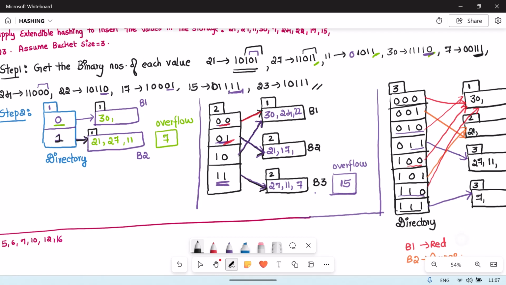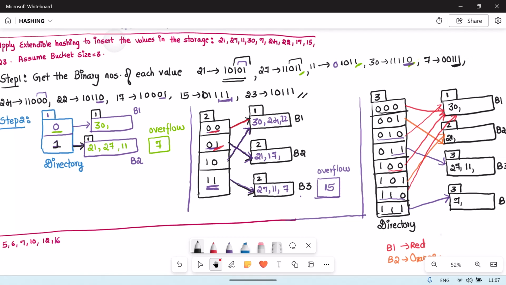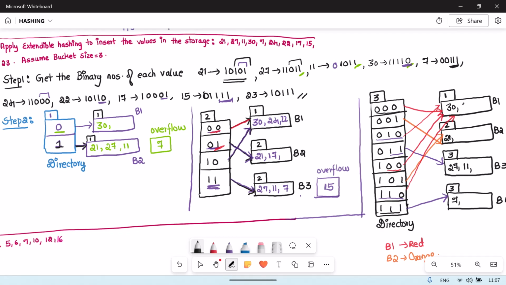Likewise, 24. 24 is 000. Then 22. 22 is 110, here. Okay. And 17, 001.